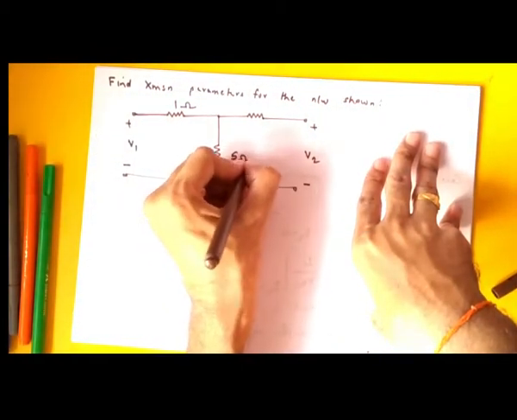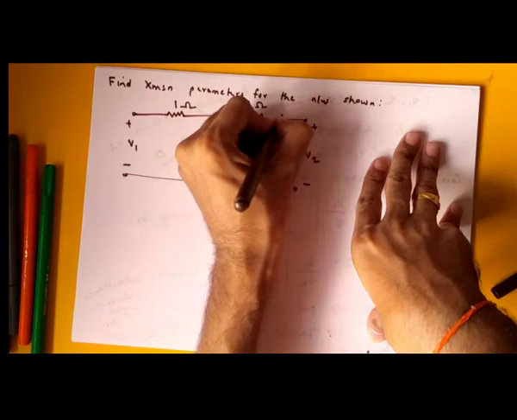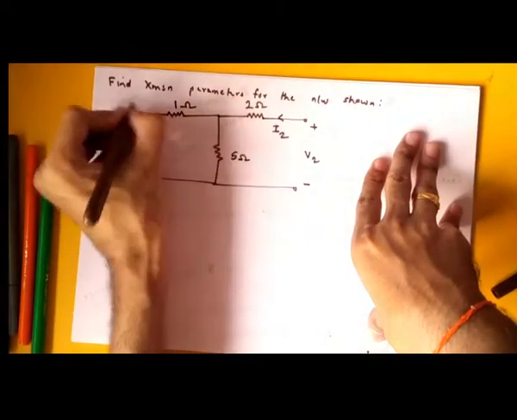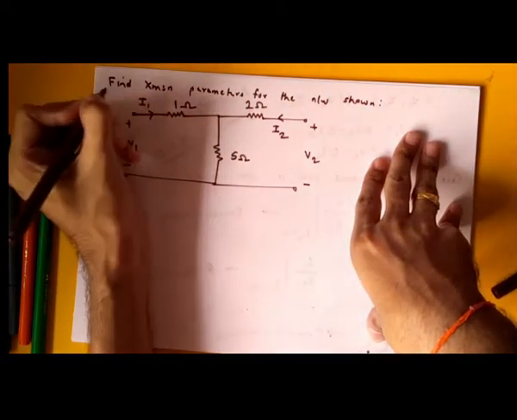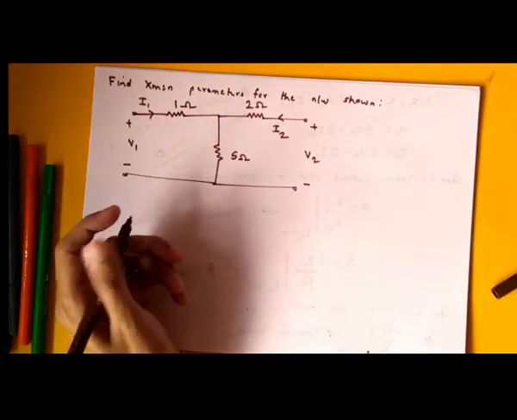So 1 ohm, 5 ohms, 2 ohms, this is I2, this is I1, right?